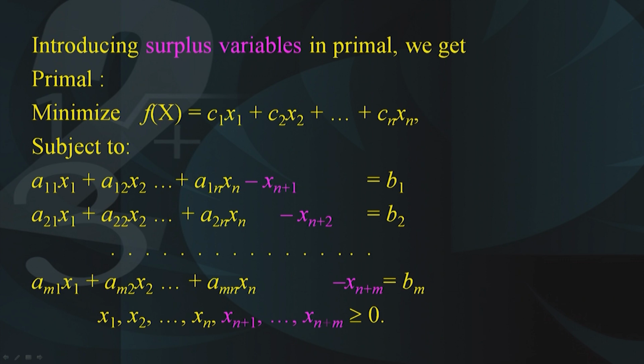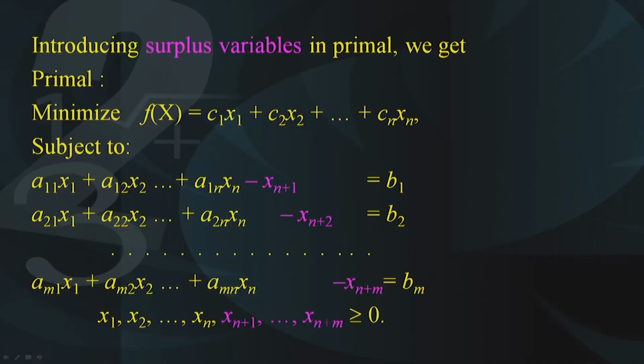Please note, we have to introduce this purple colored variable, which is nothing but a surplus variable. Now, the surplus variables have to be subtracted from each of the constraints, because in the primal our constraints were of the greater than or equal to type.